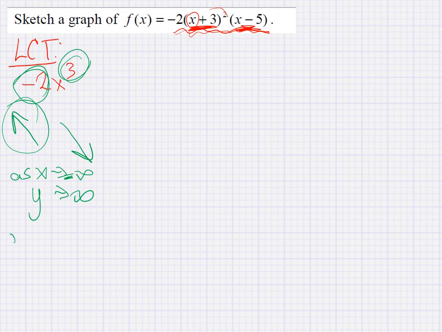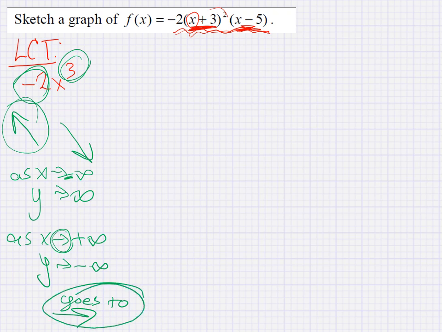And as x goes to positive infinity, y would actually be going to negative infinity. I put that arrow to say x is going to; this arrow means goes to. Okay. So that's your leading coefficient test. Again, a little harder in factor form, but it'll make the next step easier.